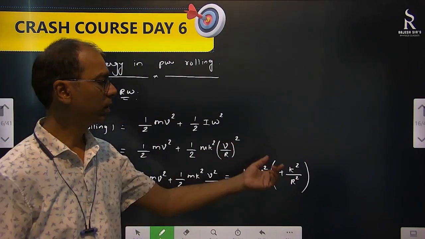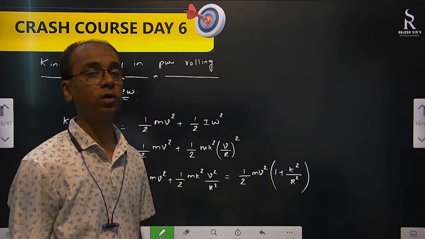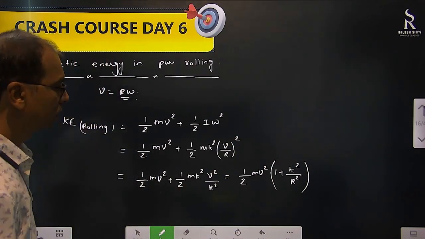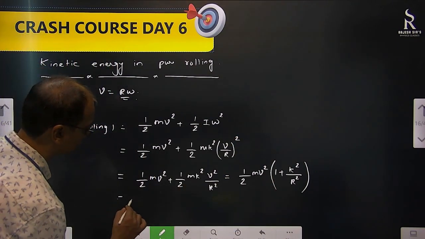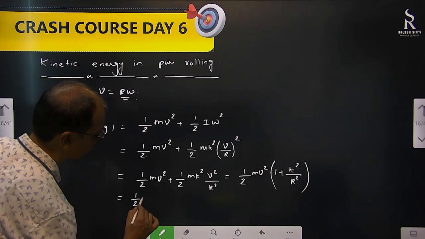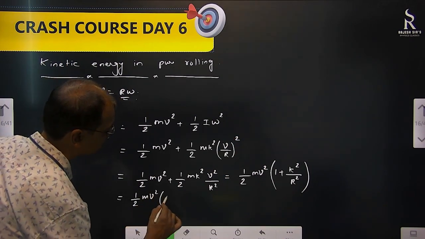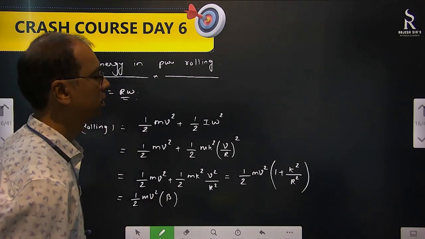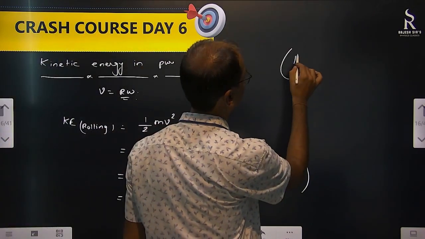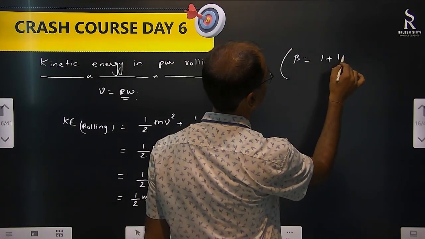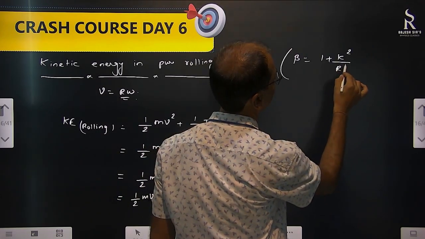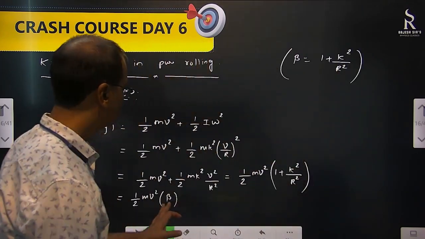Now this 1 plus k square by r square, in certain places they call it beta. I'll tell you what it is, but at the moment I am writing half mv square into beta. What is this beta? Beta is 1 plus k square by r square.